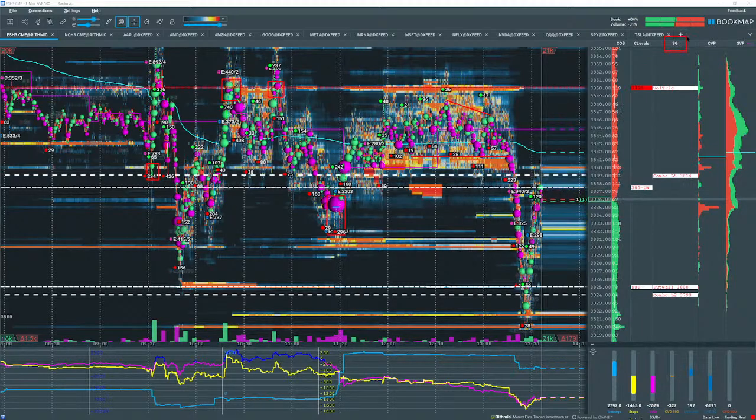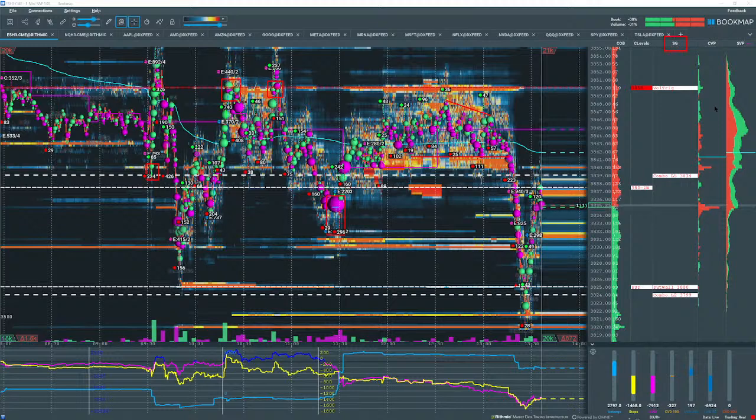The first is Spotgamma cloud notes, and these come directly from Spotgamma. They're updated daily, and there are two types of levels here. One is levels based on the SPX alone, and those levels are converted to equivalent ES prices.